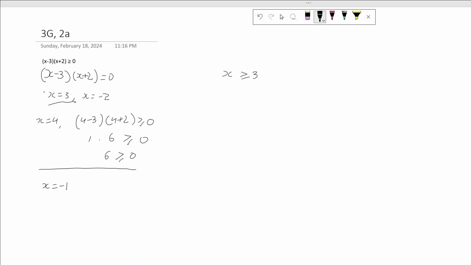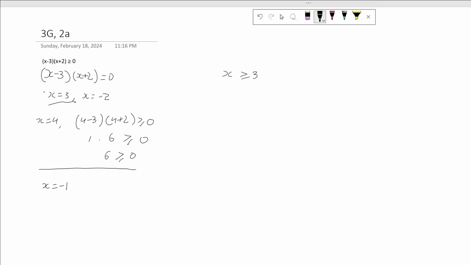So what do we get? (−1 − 3)(−1 + 2). Now is this value greater than or equal to 0? Let's check. This gives us −4 times 1 greater than or equal to 0. So this is negative 4. Negative 4 is not greater than 0.